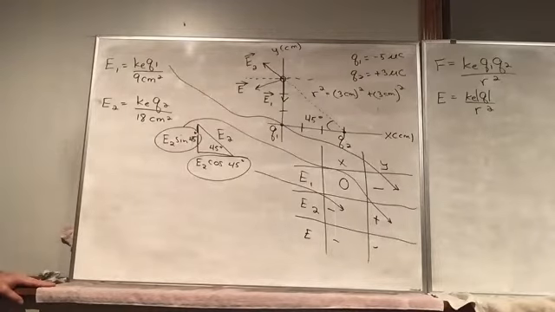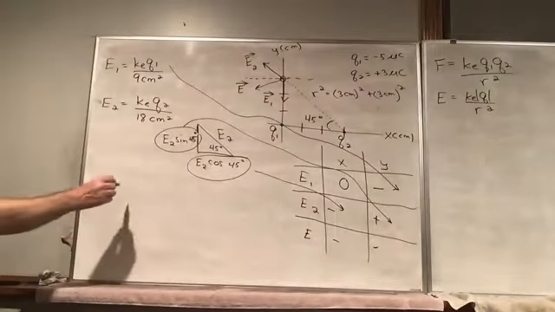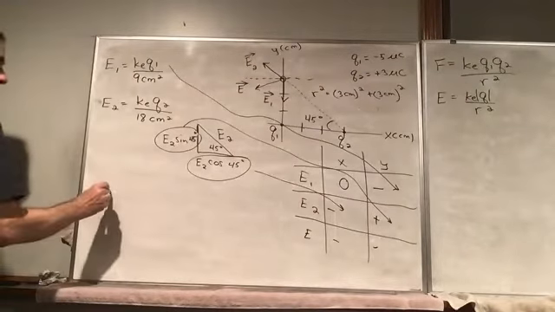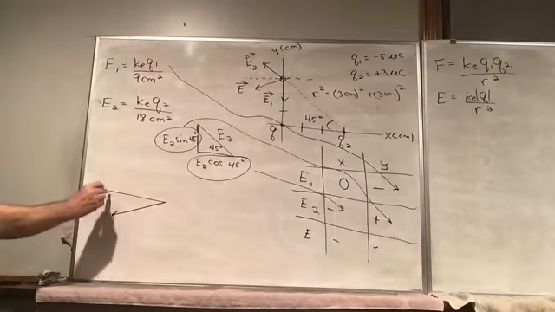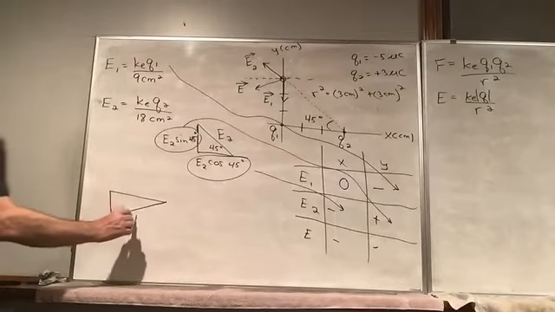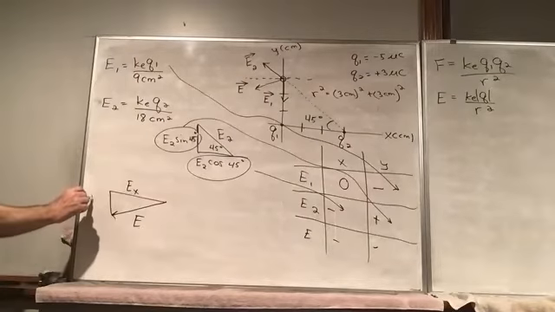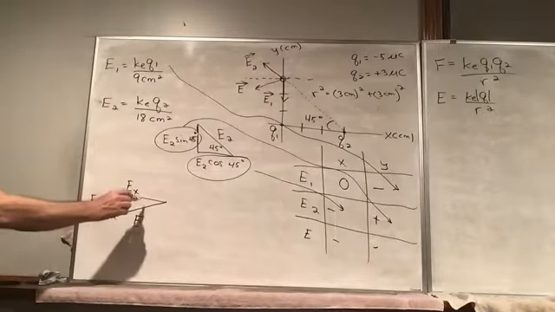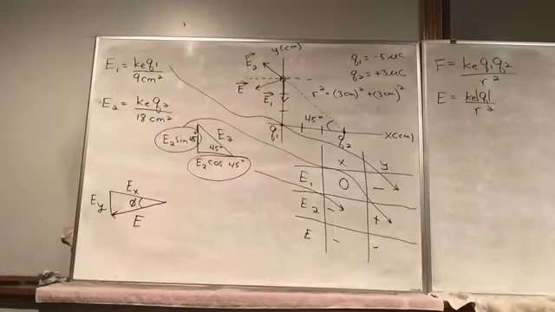If we wanted to convert to polar form, let's just draw one more picture. So say our electric field points in this direction. Here's EX, here's EY. Let's define that angle as phi.